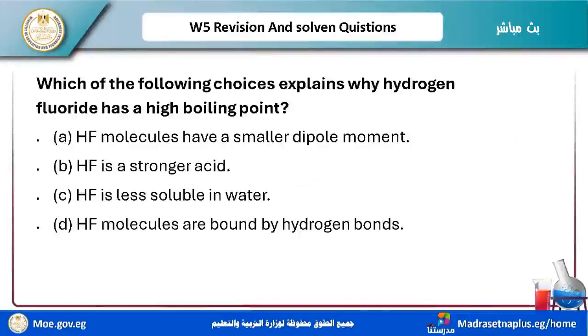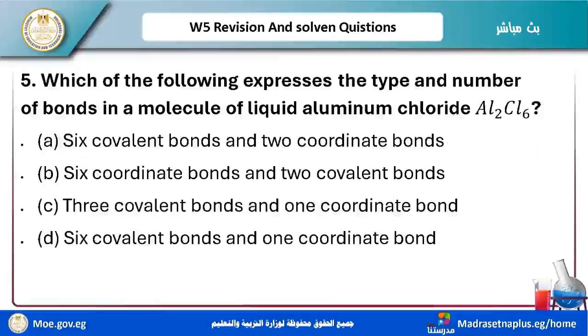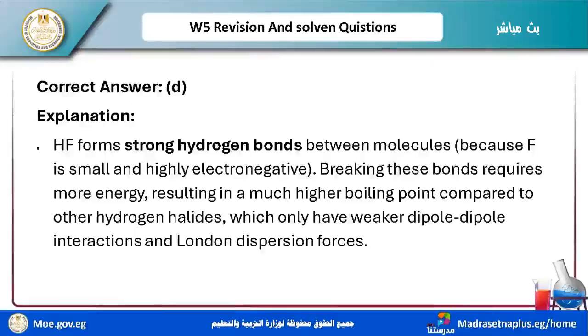Hydrogen bonds are the reason for this binding between molecules. So HF forms strong hydrogen bonds. Why strong? Because of the difference in electronegativity between hydrogen and fluorine.